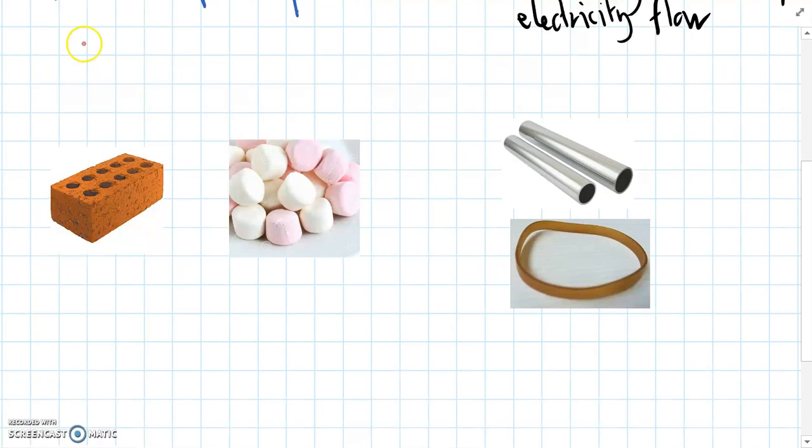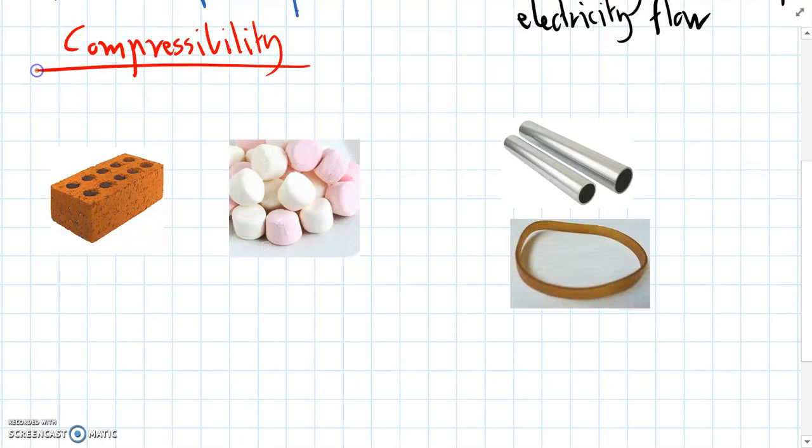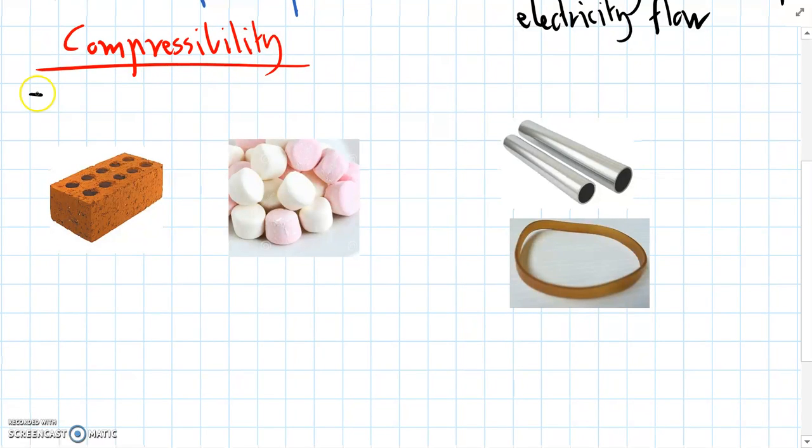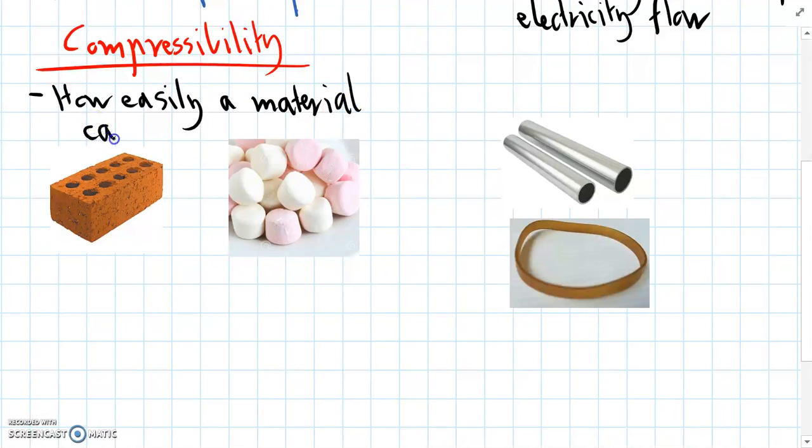Alright, the next physical property we'll look at is compressibility. And compressibility is how easy it is to squash or press a material down. How easily a material can be squashed or compressed.